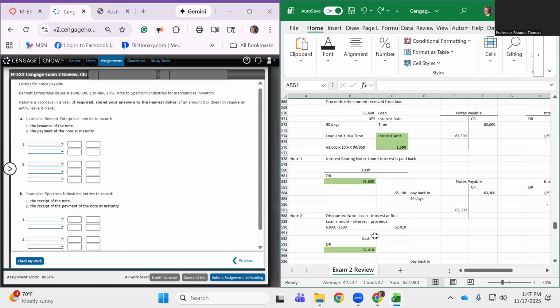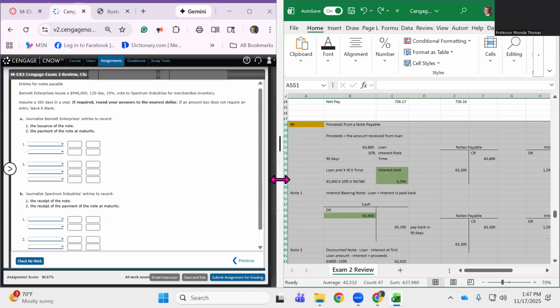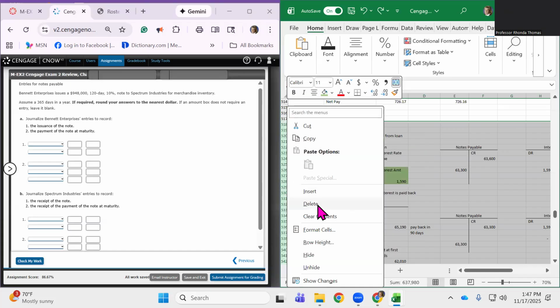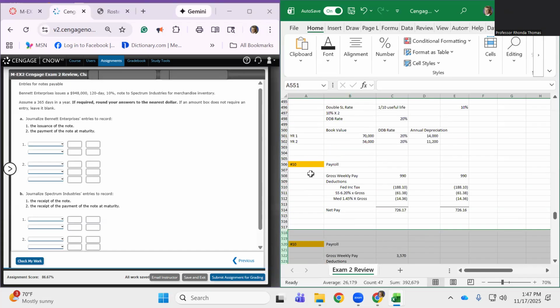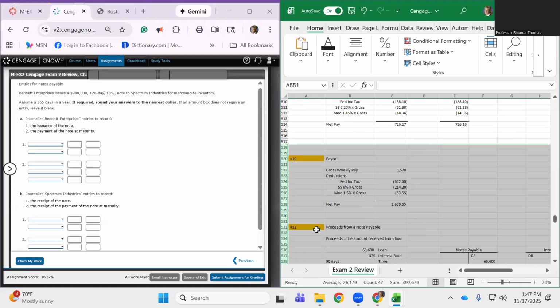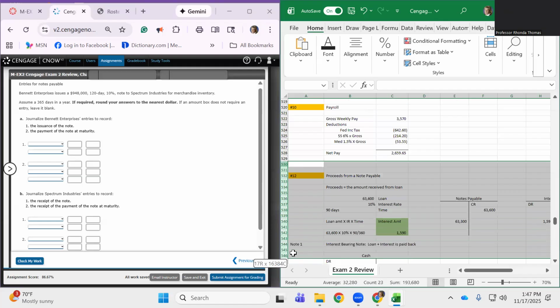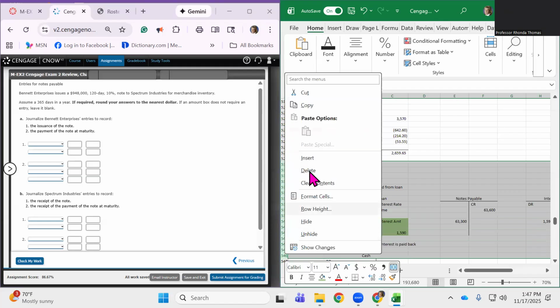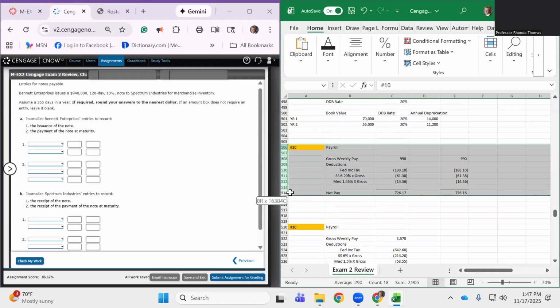I have it down here, don't I? Yes. Okay, so let's get rid of this. Delete. Okay, so this becomes, we did this one. Now we need more room. Insert. We're going to take this down and put it in.